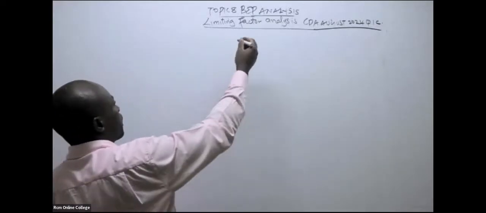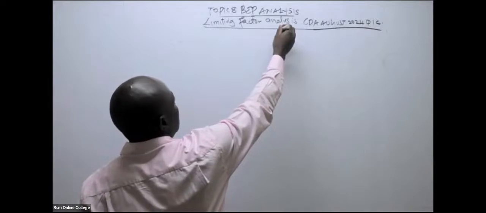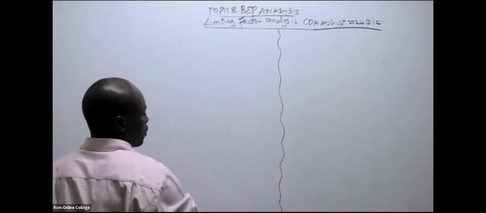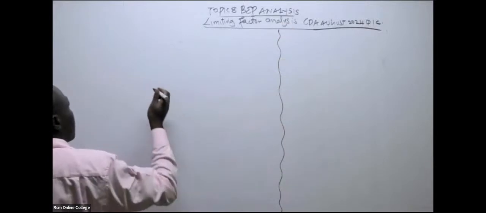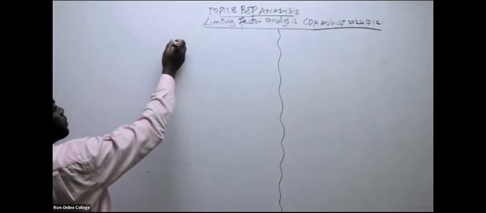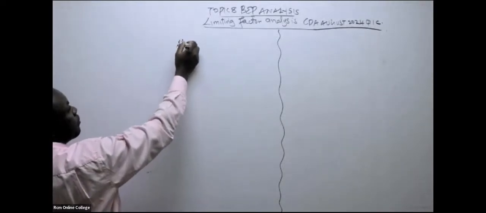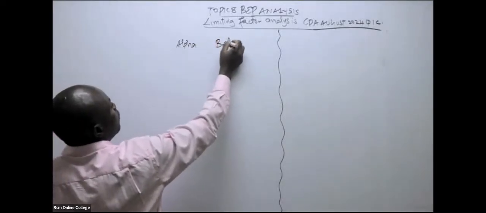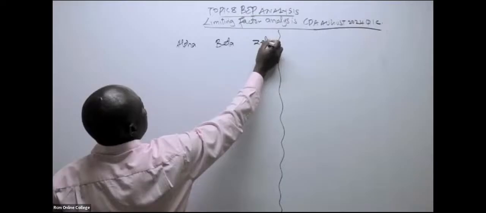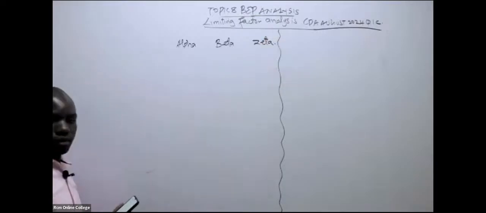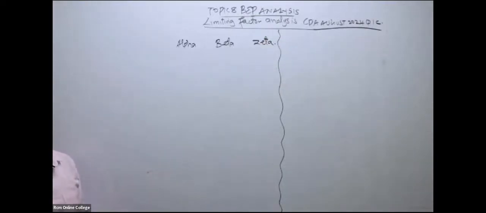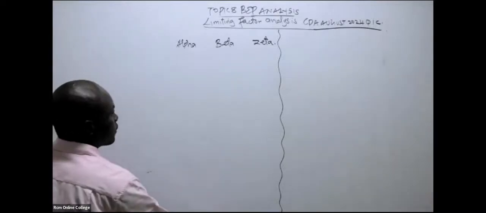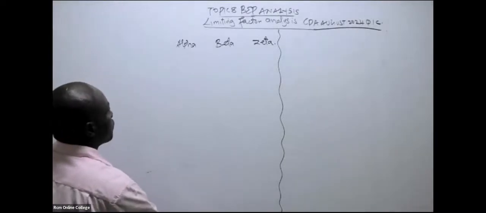We are dealing with 3 products. That is alpha, beta, and zeta. There's still enough space on the side.